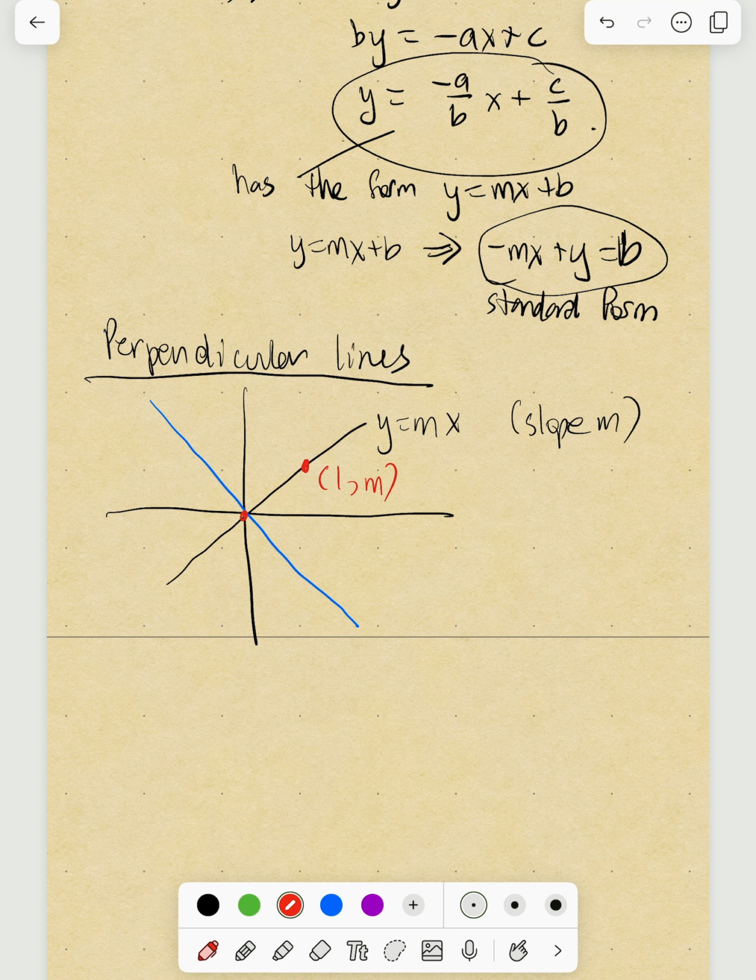Then, since it's on this line, y is equal to m, right? Now, if I imagine what I get when I rotate this by 90 degrees, the corresponding point turns out to be negative m comma 1.